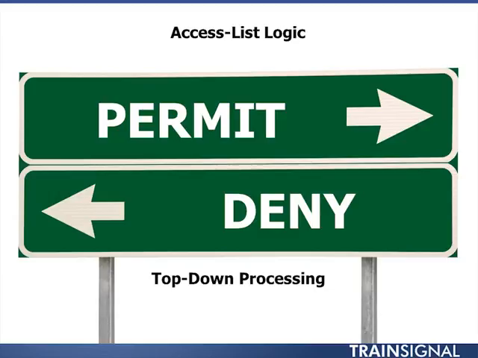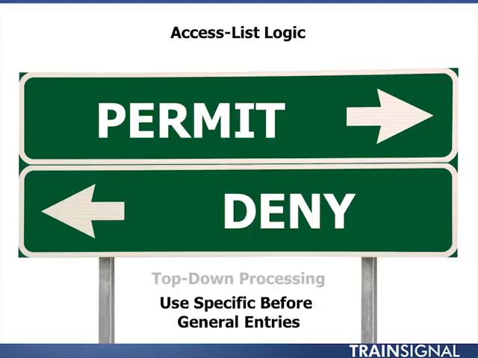For instance, if you have 15 lines in an access list and the first one is matched with a permit or deny statement, it immediately stops processing additional statements. Another important point to remember is that you need to place more specific entries before the more general entries. If you put more general entries first, there's not going to be any matching done on anything that follows that.